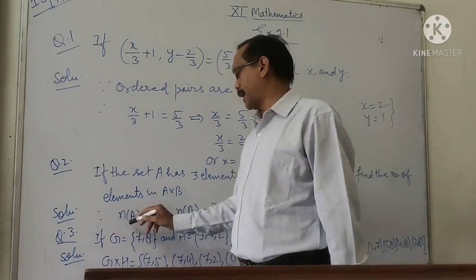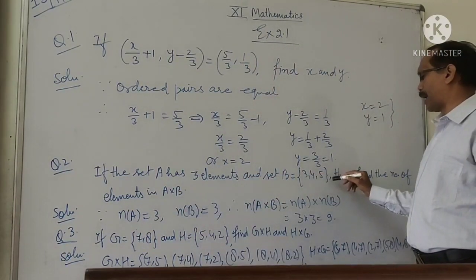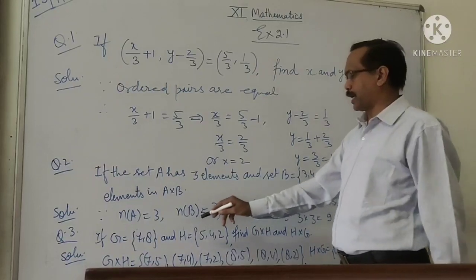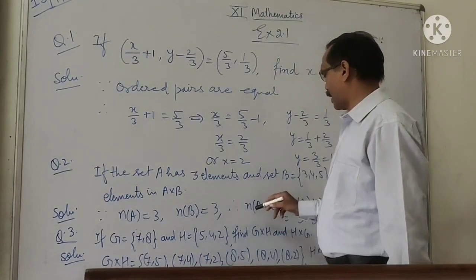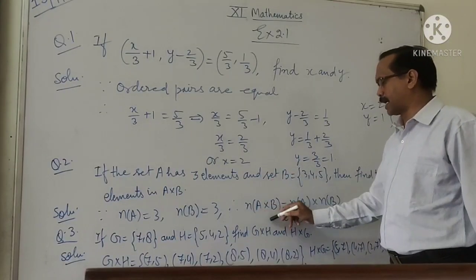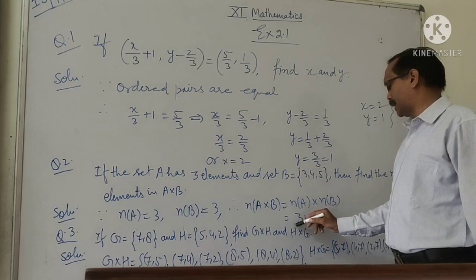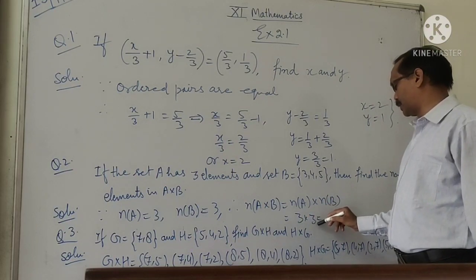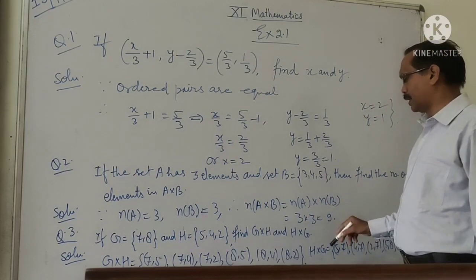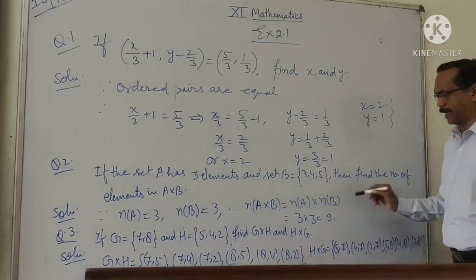Therefore, n(A) equals 3. Set B has elements 3, 4, 5 which are 3. Therefore, n(B) equals 3. Now, n(A cross B), the number of elements in the set A cross B, equals n(A) times n(B). It is 3 into 3, or 9. So the number of elements in A cross B equals 9.